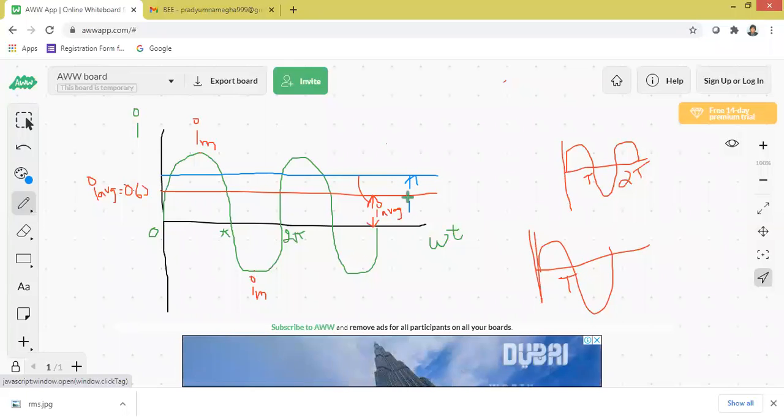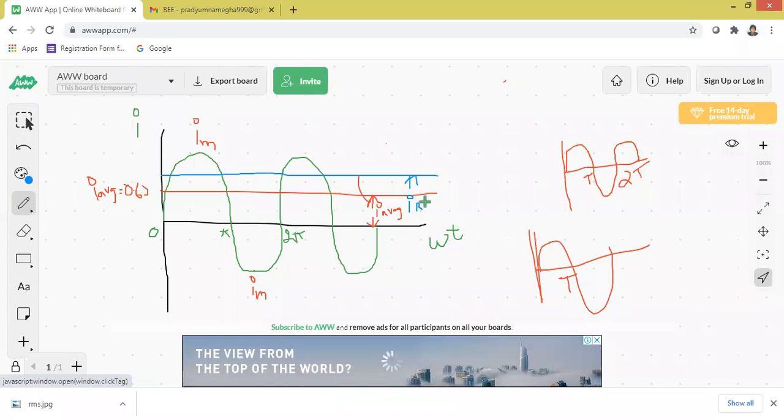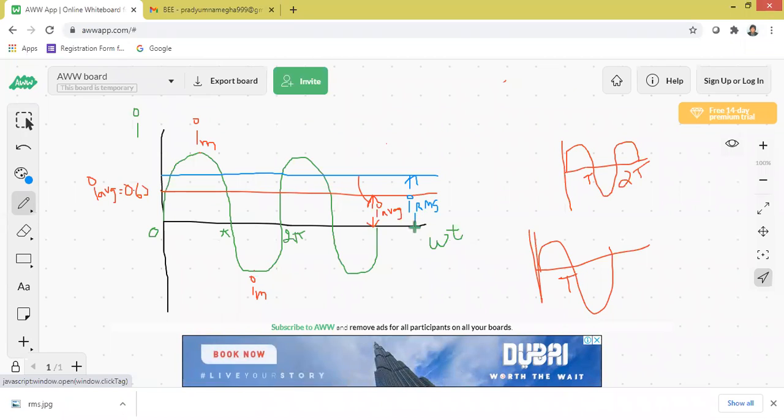What is the symbol? You can write like this: I, capital letters, R, M, S, as suffix, RMS current. So what these arrow marks are explaining, this region is nothing but the RMS current, and this region is nothing but the average current. So here also we'll indicate, it is nothing but RMS current.